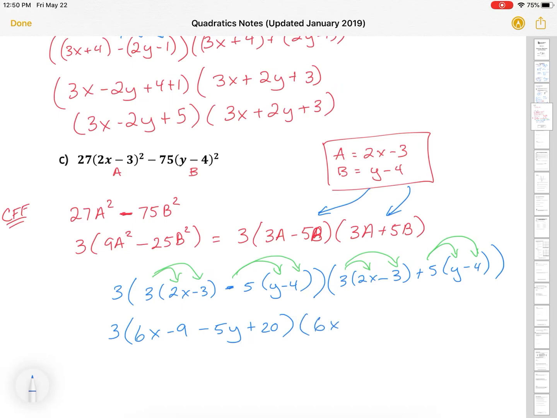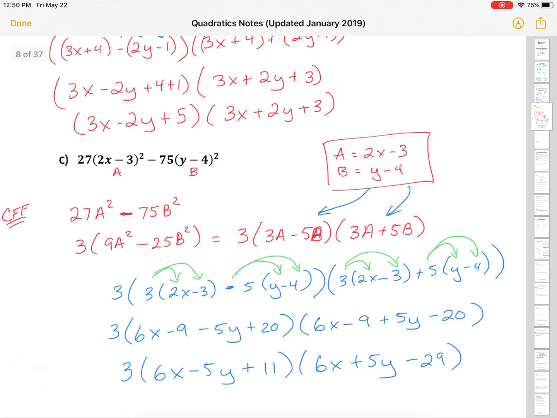And for our second bracket, we get 6x minus 9 plus 5y minus 20. Now we're going to combine like terms. So we get 6x minus 5y, negative 9 and positive 20 is positive 11. Then we get 6x plus 5y, negative 9 and negative 20 is negative 29.